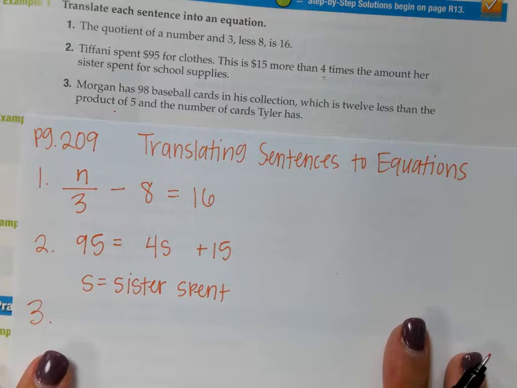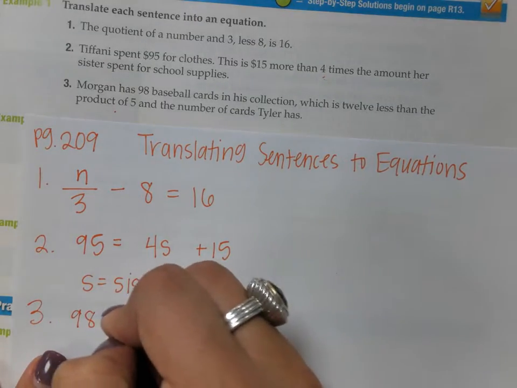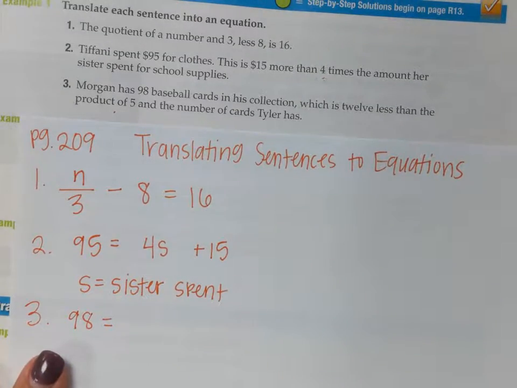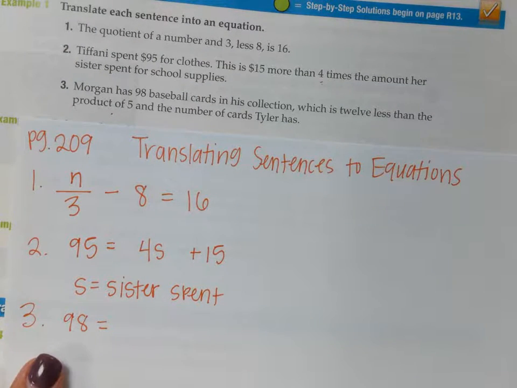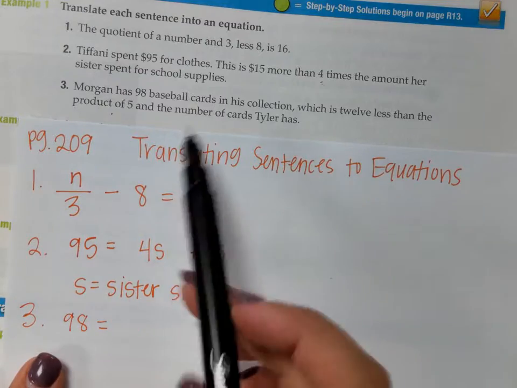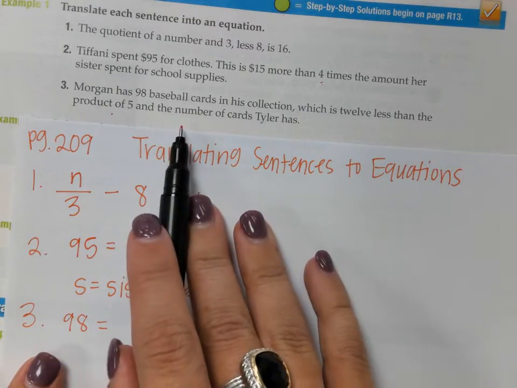It tells me that there's 98 cards in his collection, so a total of 98 cards. So I know that 98 can be on one side of my equal sign completely by itself. And then it says that 98 cards is 12 less than the product of 5 and a number.